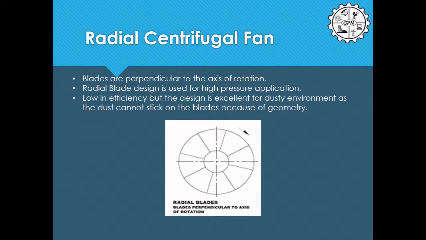This type of radial blade fans are low in efficiency, but the design is excellent for dust atmosphere as the dust cannot stick on the blades because of geometry. Now we will see a graphical representation of animation of centrifugal fan.